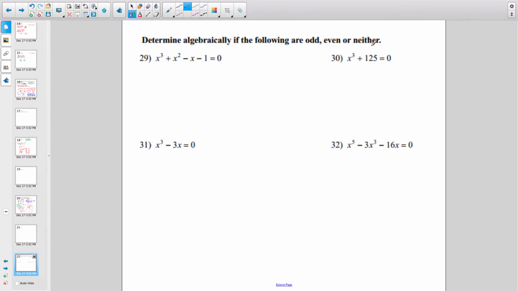Awesome. Okay, so determining even and odd or neither for any function. That just means the following. For all of your x's, you're going to plug in negative x for x. Evaluate it, see what happens.